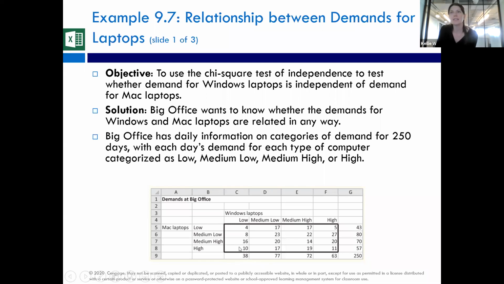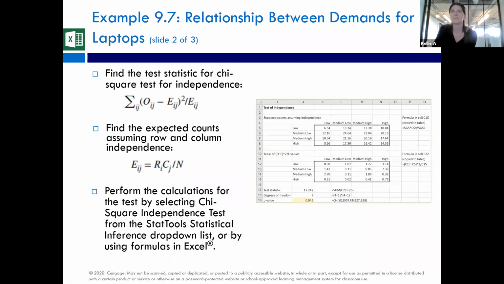On 10 of the days, demand for Windows laptops was low, but for Mac laptops it was high. Conversely, on 5 of the days, demand for Mac laptops was low, but was high for Windows laptops. So we're using this data to figure out if there's a relationship between the two populations.